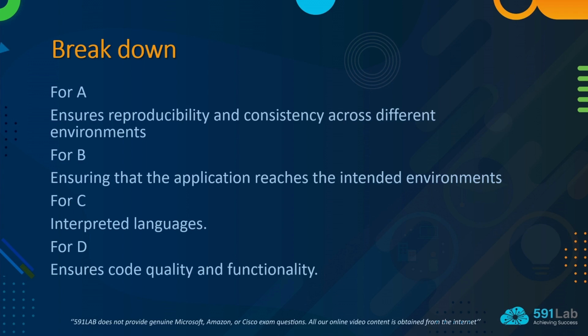For option D, automated tests are essential to verify that code changes do not introduce defects and/or regressions. So this step ensures code quality and functionality, making it a crucial part of the CI/CD process.